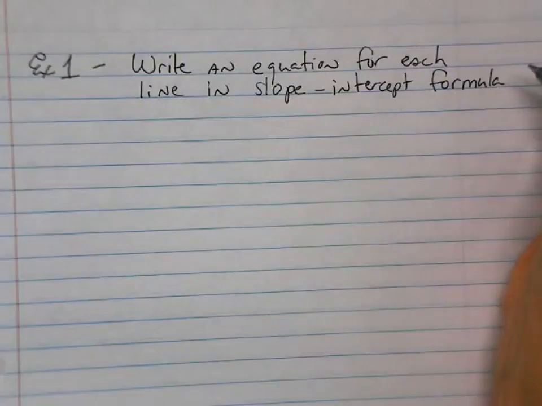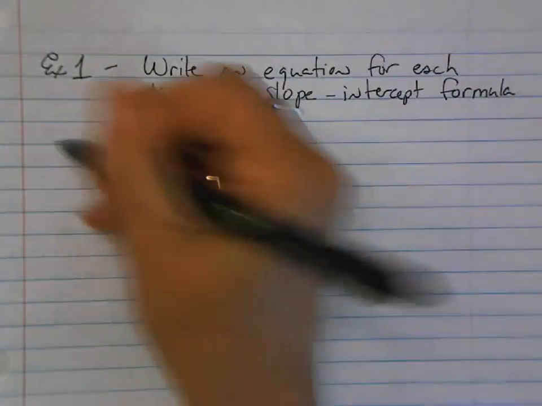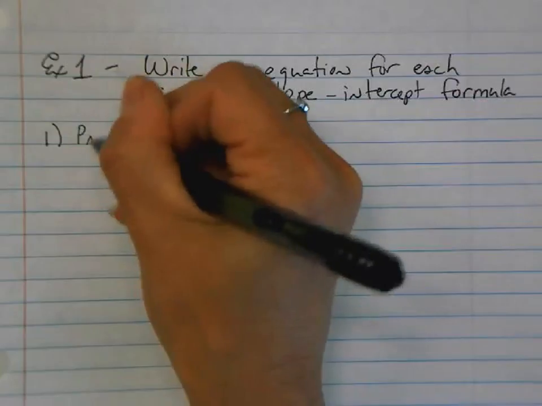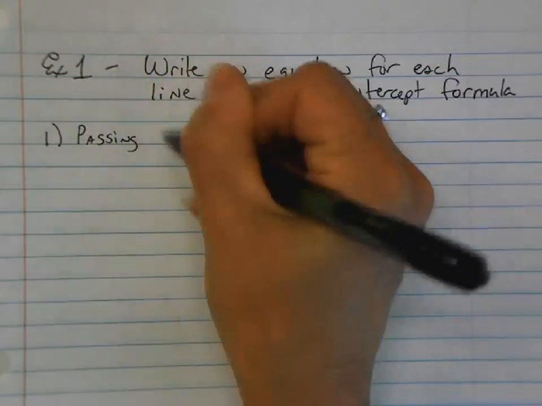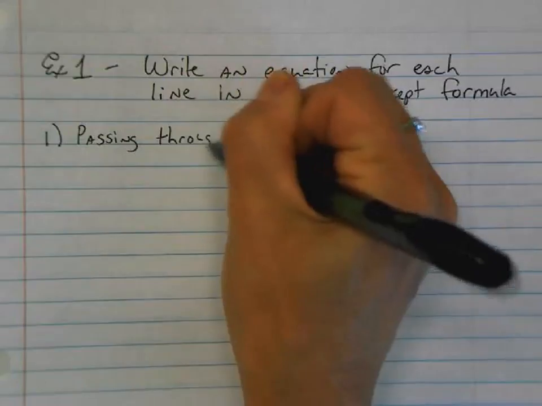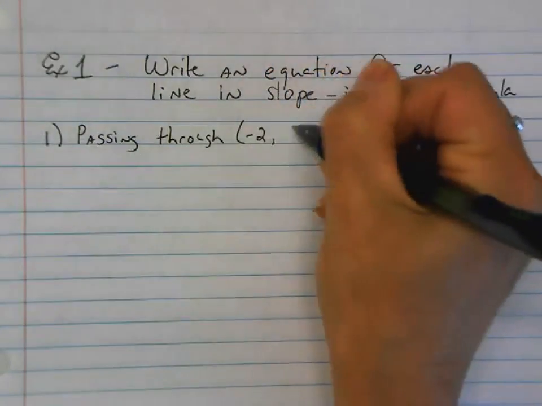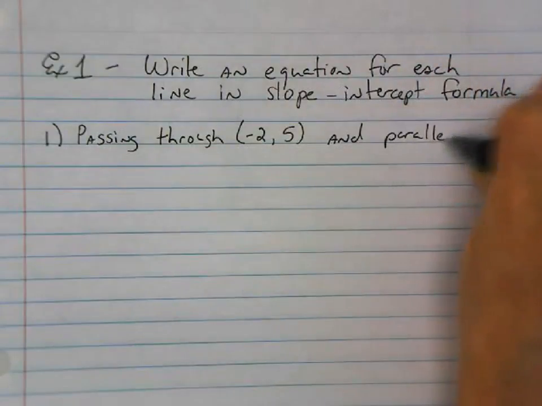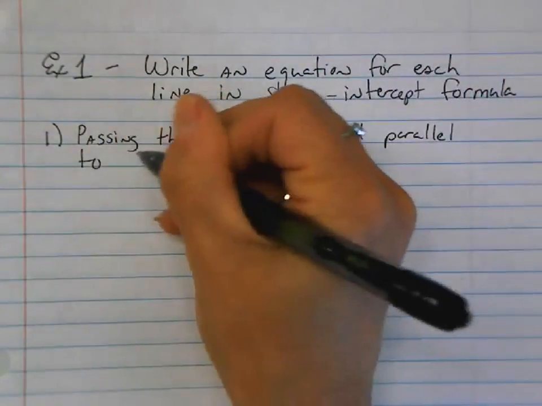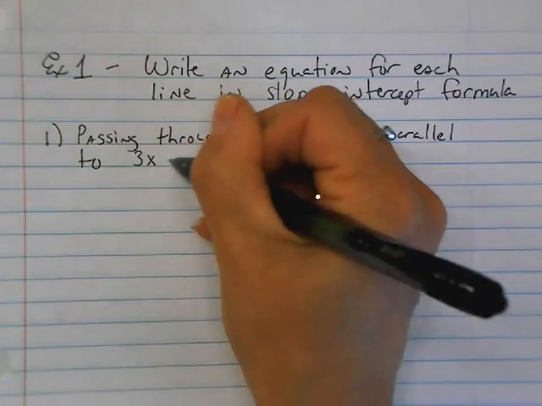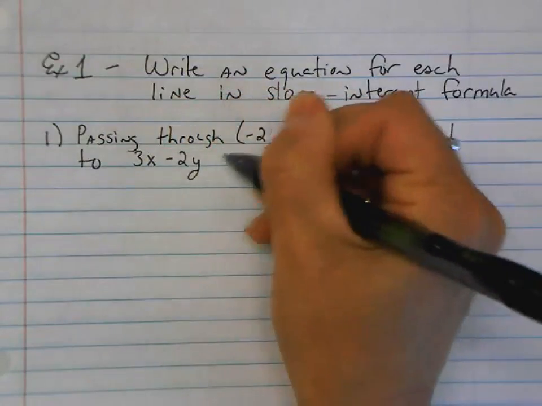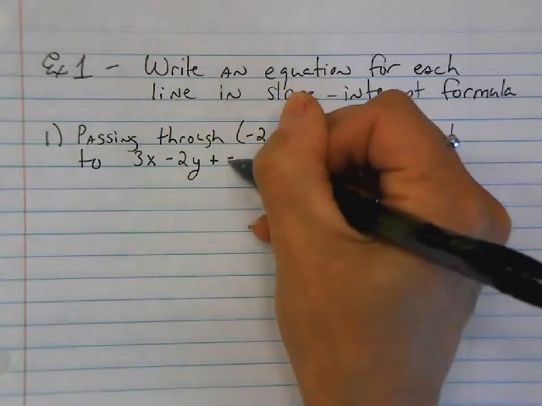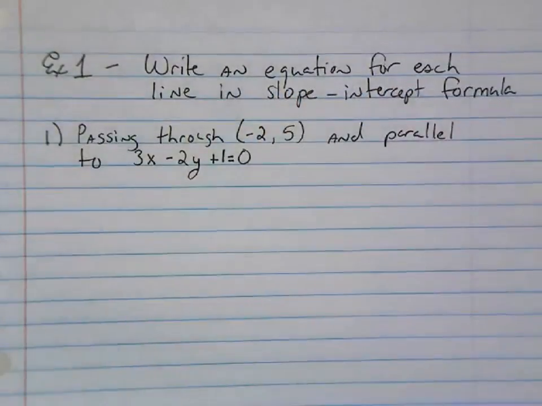Okay? Alright, so number 1, we want it to pass through (-2, 5) and be parallel to 3x - 2y + 1 = 0. Oops, forgot the 1 there. So passing through (-2, 5) and parallel to 3x - 2y + 1 = 0.